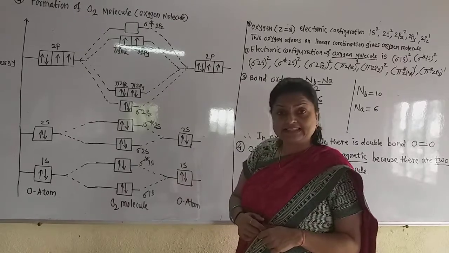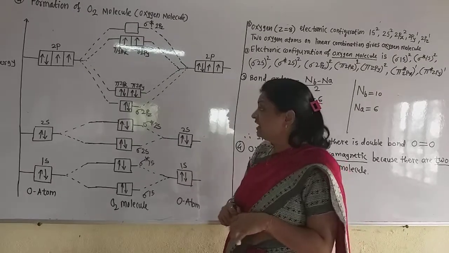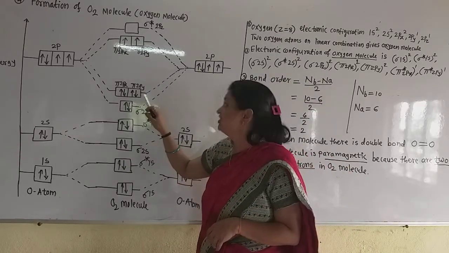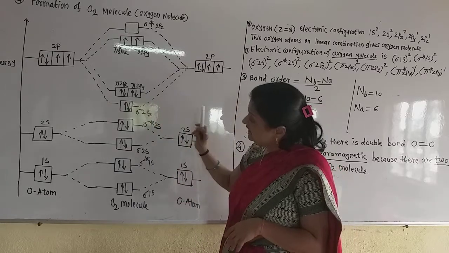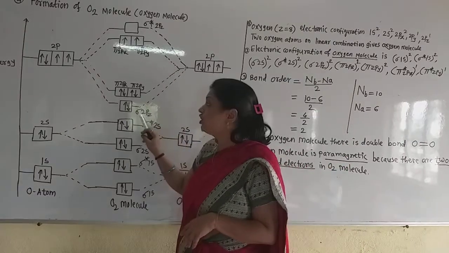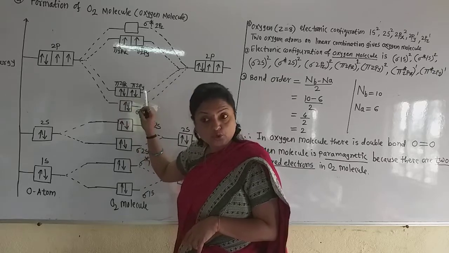The only difference between nitrogen and oxygen is that in nitrogen the sigma 2pz orbital has slightly more energy than the pi 2px and pi 2py orbitals. But in oxygen and in fluorine, the sigma 2pz orbital always shows lower energy than the pi 2px and pi 2py.